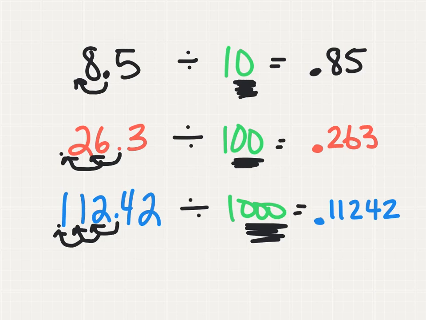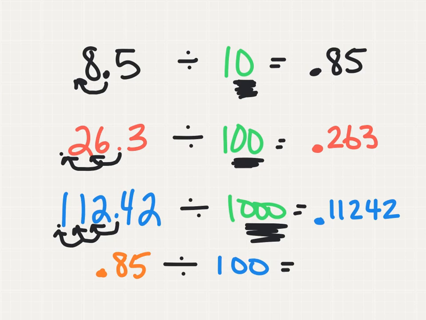The simplest way to explain this is like this. When I'm dividing by powers of 10, I move my decimal to the left, 1 place for each zero in my power of 10. If I need to add zeros in order to move the decimal, I should do that. We didn't show an example of that here, but what if I did have, for example, the number 0.85 divided by 100?